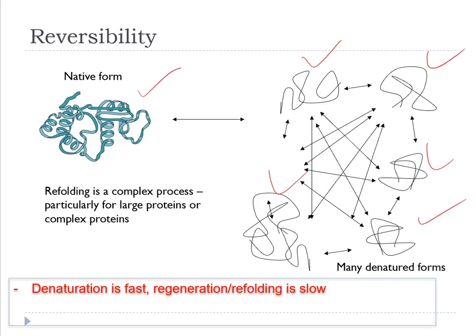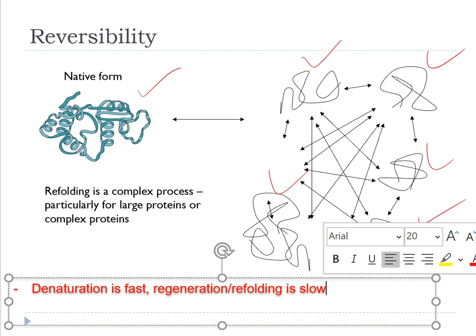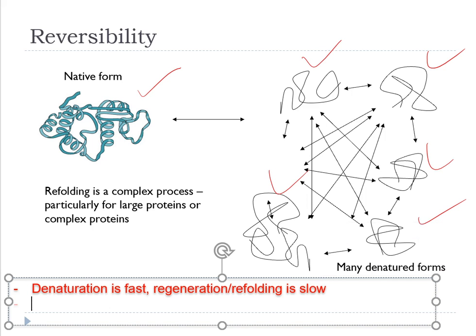Generally, denatured proteins have a greater tendency to aggregate. And aggregated proteins cannot refold. So what happens?